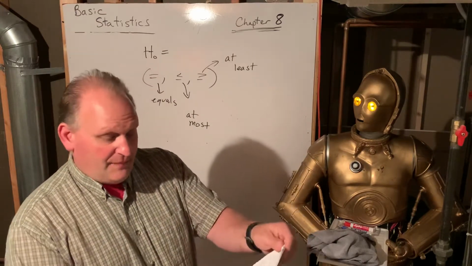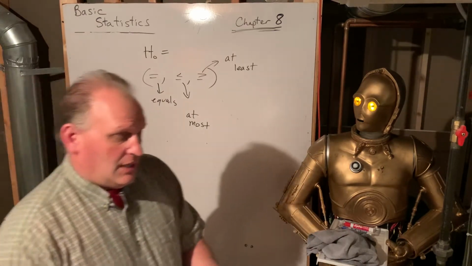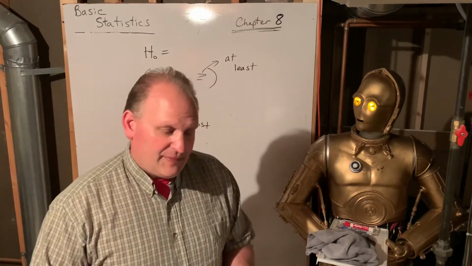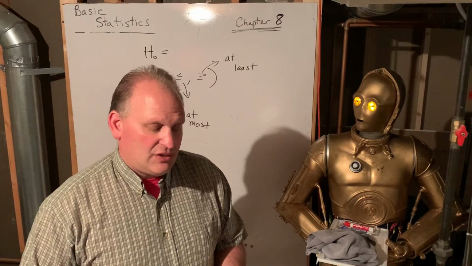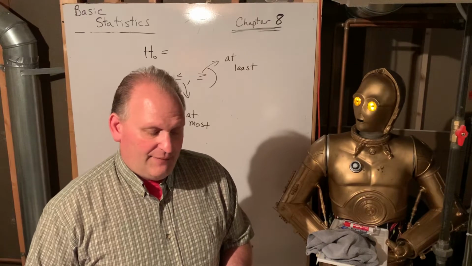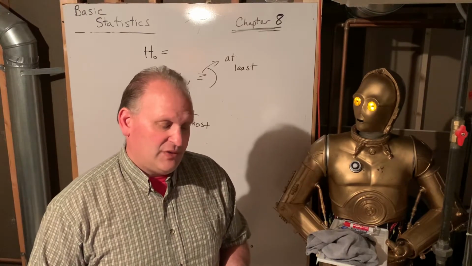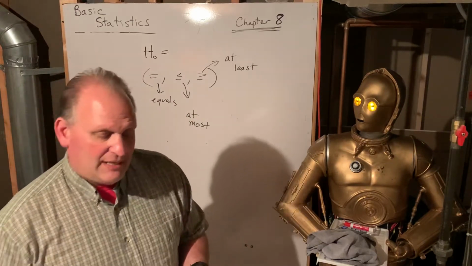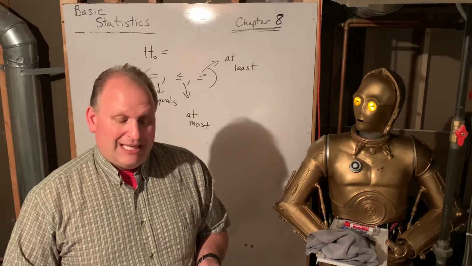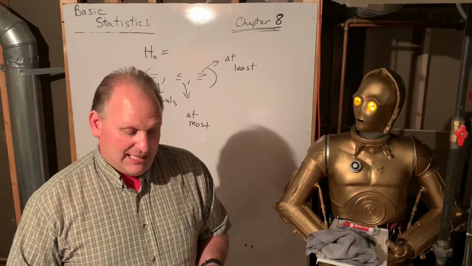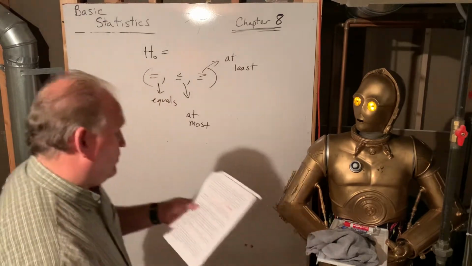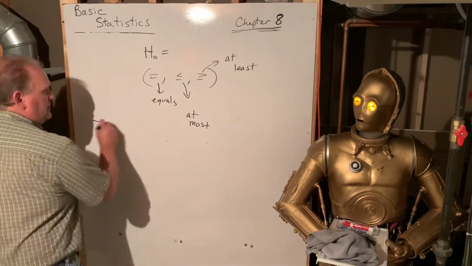So let's take a look at page 2. State the null and alternative hypothesis in the following situation. A researcher thinks that if expectant mothers use vitamin pills, the birth weight of babies will increase. The average birth weight of the population is 8.6. So then what would be the null and what would be the alternative?